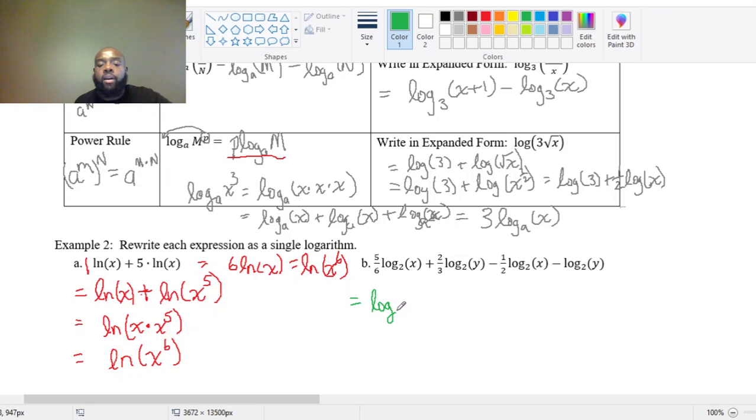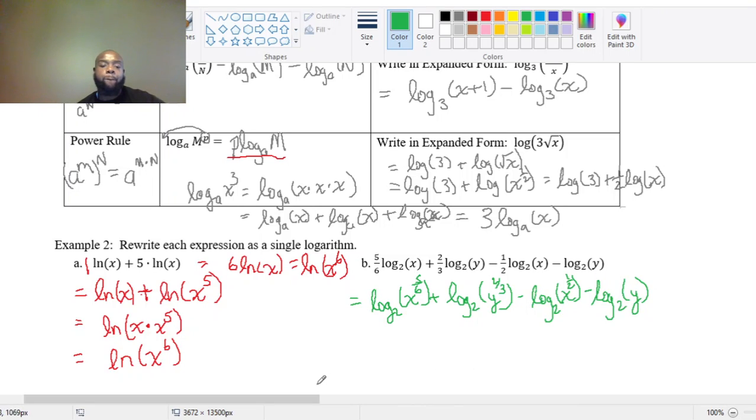So I'm going to do log at base 2 of x to the 5/6 plus log at base 2 of y to the 2/3 minus log at base 2 of x to the 1/2 minus log at base 2 of y.